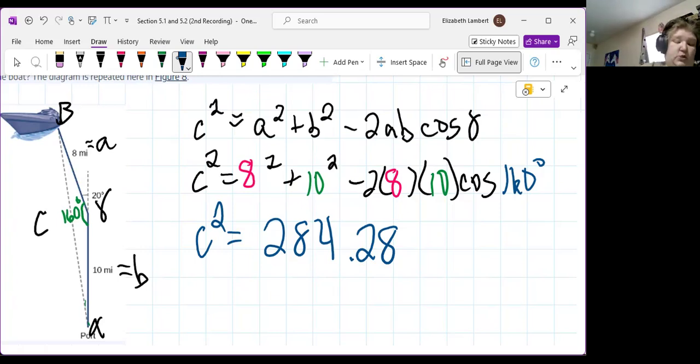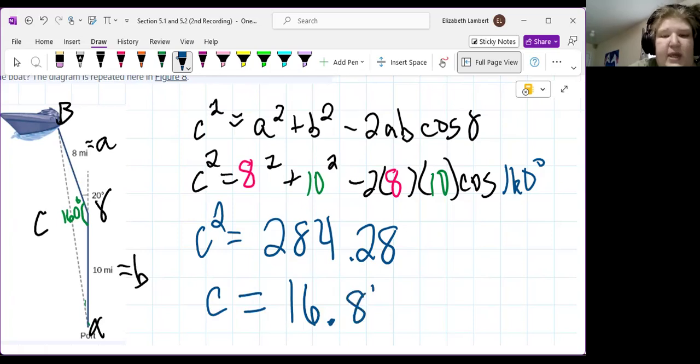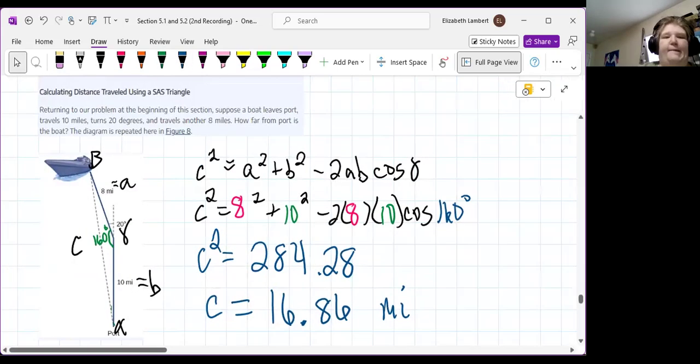So now we square root, and again, ignore the negative for the usual reasons. We get 16.86 blah, blah, blah miles. So that's how far the boat is.